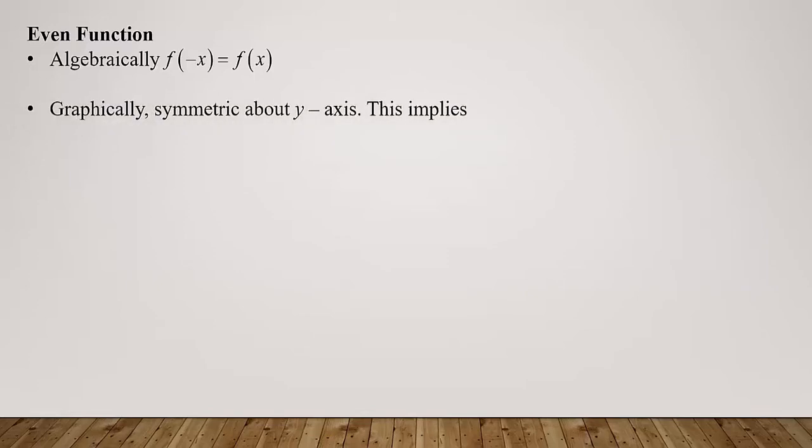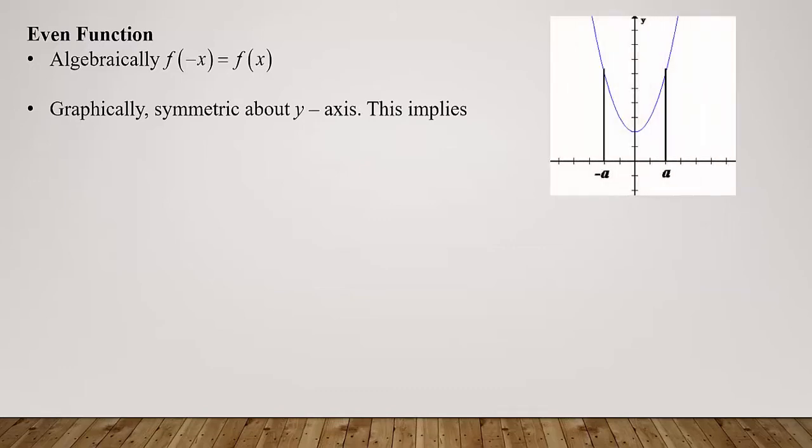Graphically, an even function is symmetric about the y-axis. So here's the graph of an even function. Don't know what the even function is, but it's symmetric about the y-axis.